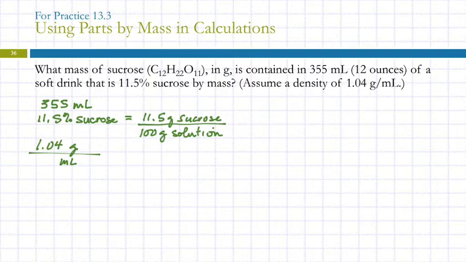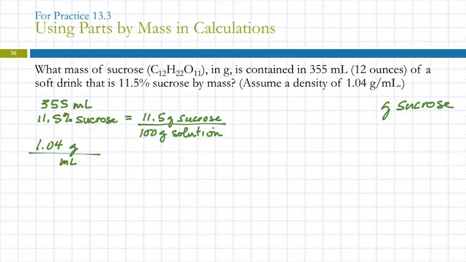So what am I trying to find? Grams of sucrose. So I'm going to write out a path here. I'm trying to find grams of sucrose, and I've got this stuff. This grams per milliliter, is that grams of sucrose per milliliter of sucrose, or what is that? Is that the density of sucrose?